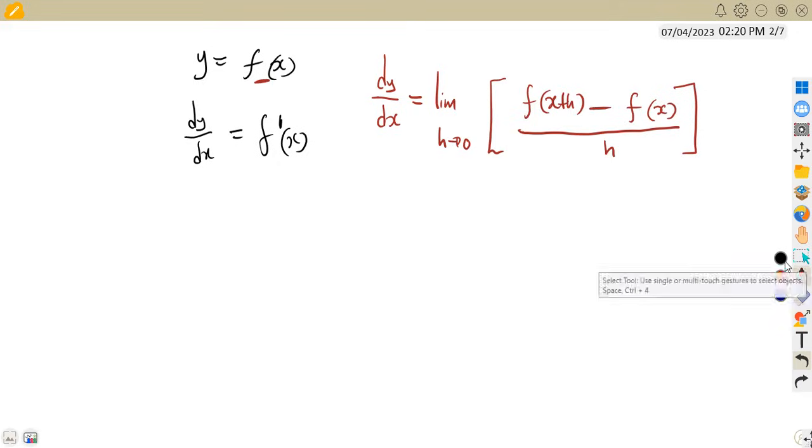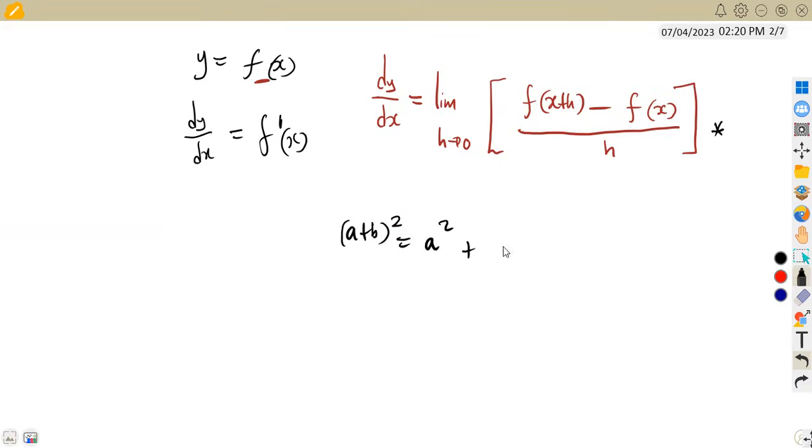So how to use this formula, this is what you're going to learn on this platform. Also, you must know how to expand brackets of this format. Remember, a plus b to the exponent of 2 is equal to a squared plus 2ab plus b squared.